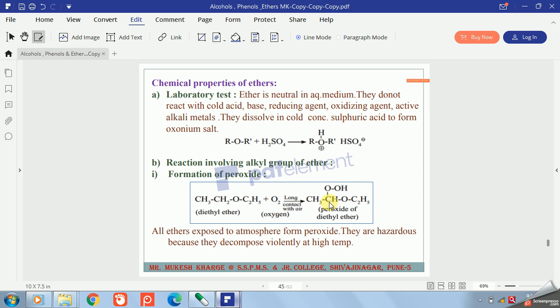So CH3CH(O2H)OC2H5, with the rest as it is. So we obtain a peroxide of the ether. All ethers exposed to air form such a peroxide, and they are hazardous because they decompose violently at high temperature.